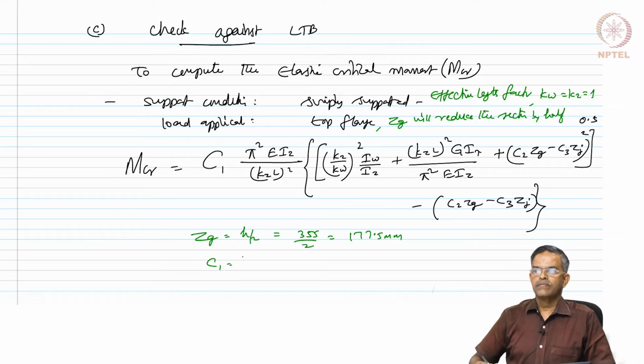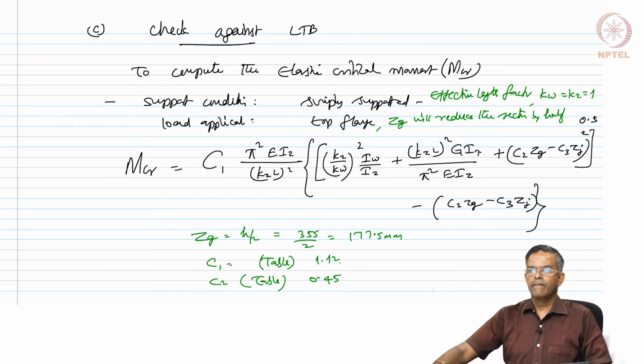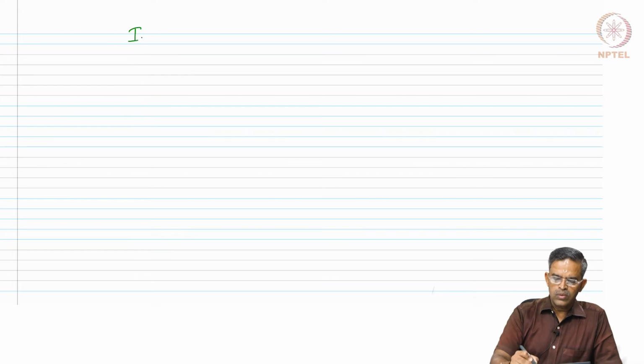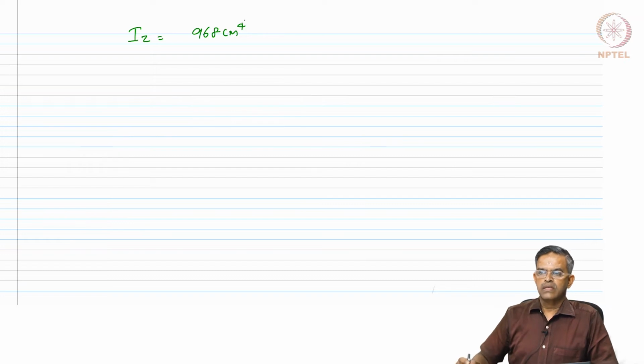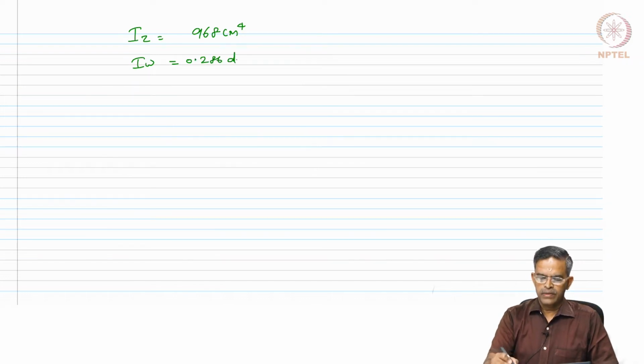C1 from the table, which we already said, is 1.12, C2 from the table is 0.45. Then from the table we will also know Iz for the section, which is 968 centimeter power 4, Iw is 0.286 dm to the power 6.